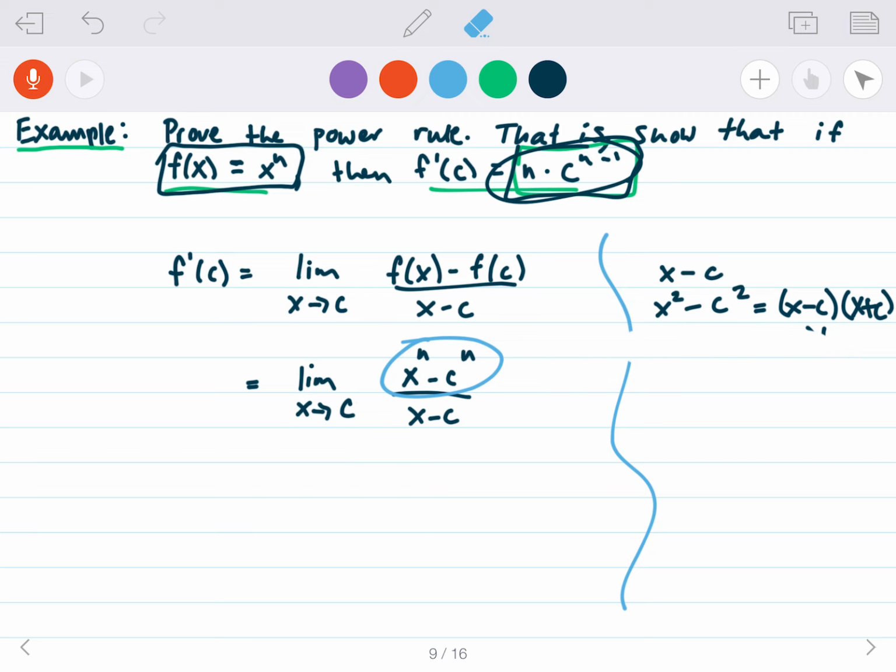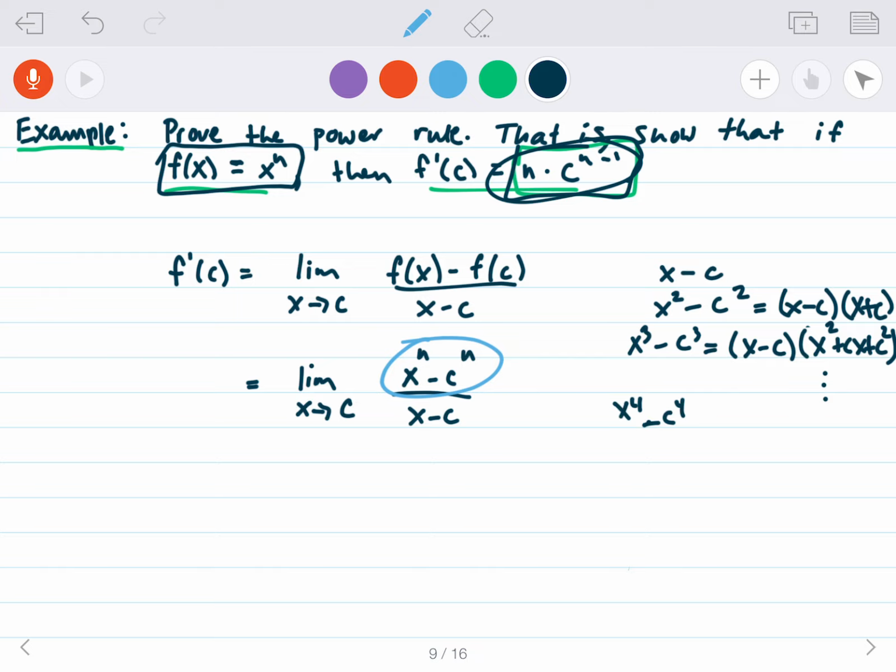Let me give myself some more room. So x cubed minus c cubed: if you carry out the division here, you get x minus c times x squared plus cx plus c squared, and so forth. x to the fourth minus c to the fourth, let's just do one more, is x minus c times x cubed plus cx squared plus c squared x plus c cubed.